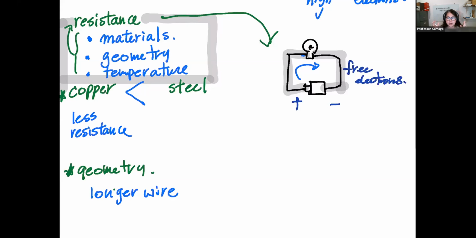Do you think it's easier for current to flow? Like the river that has the same density of impedance rocks, a short river compared to a long river, which is easier to flow? You can see that a longer wire will have higher resistance.